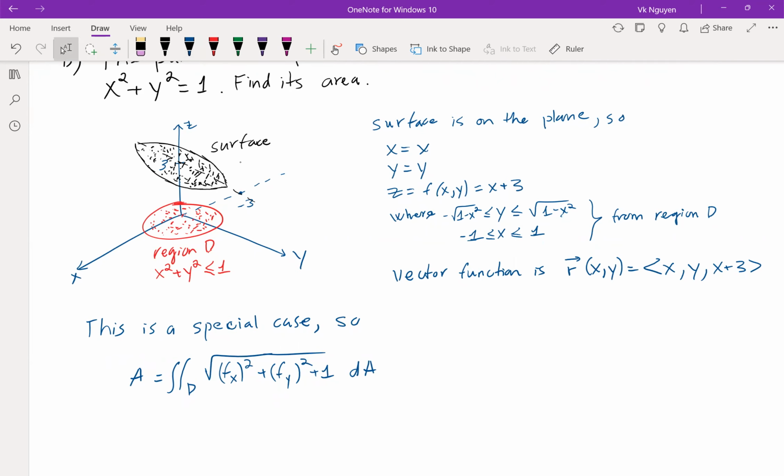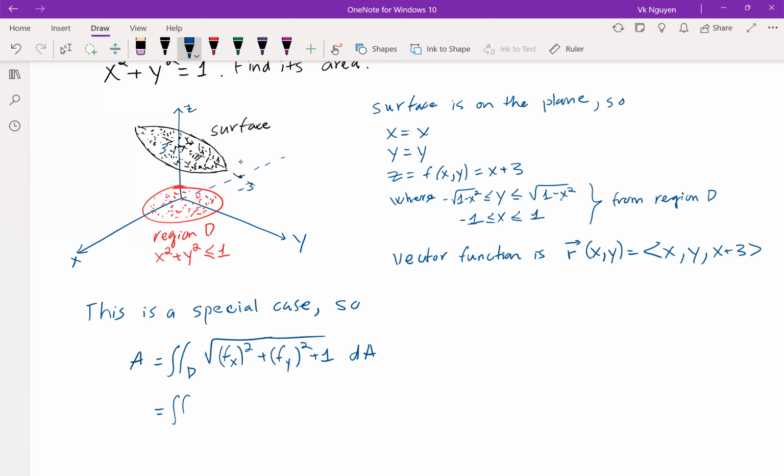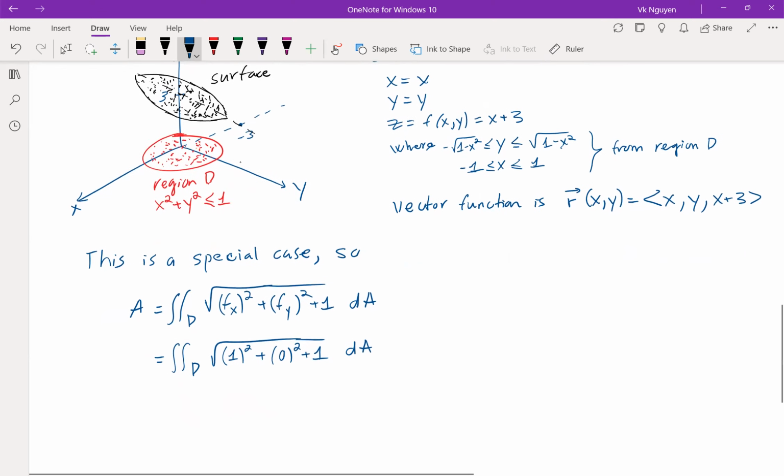Man, if you look at f_x there, look at this thing here. Double integral over the region D, square root, f_x is 1. f_y is 0. Root 2. Double integral over D, 1 dA. What is this? It is just the area of region D.